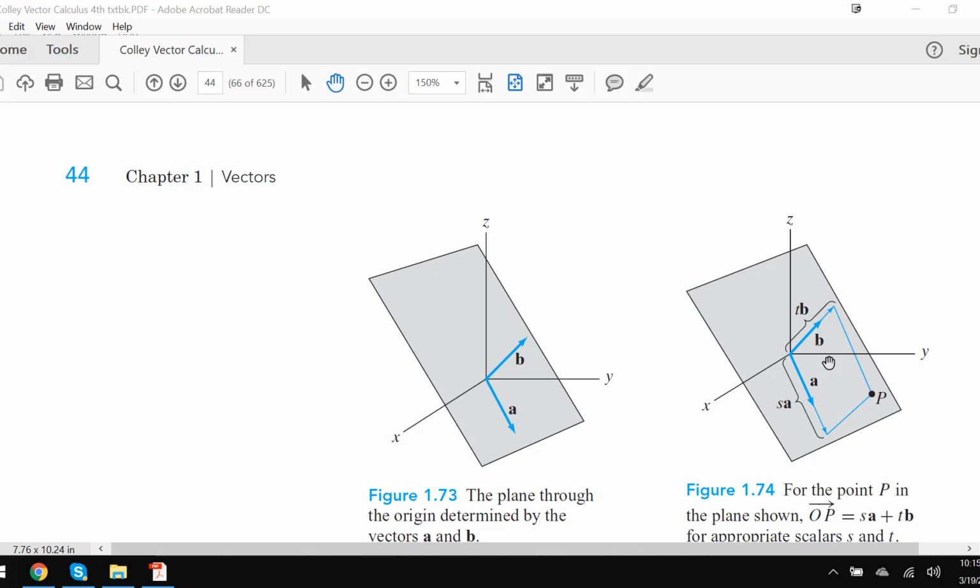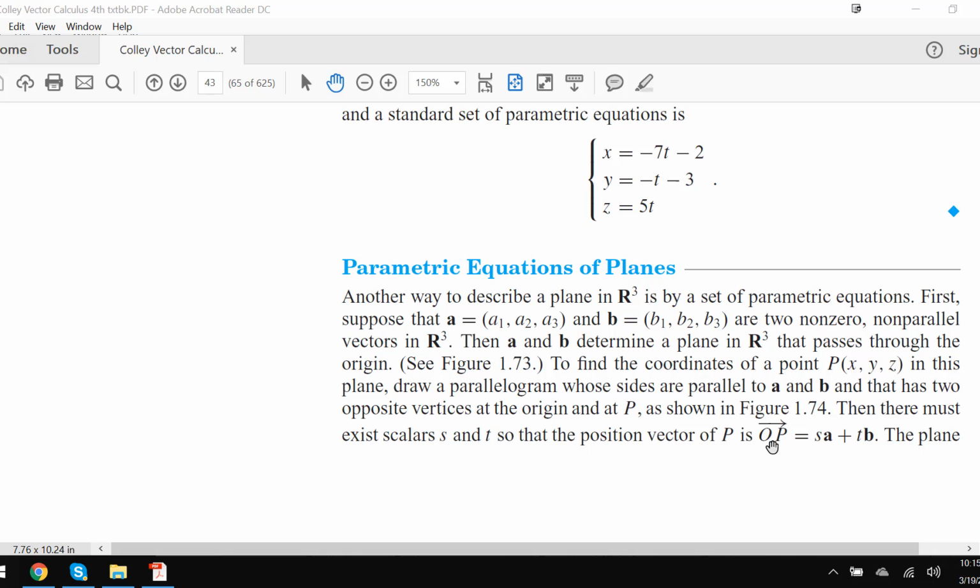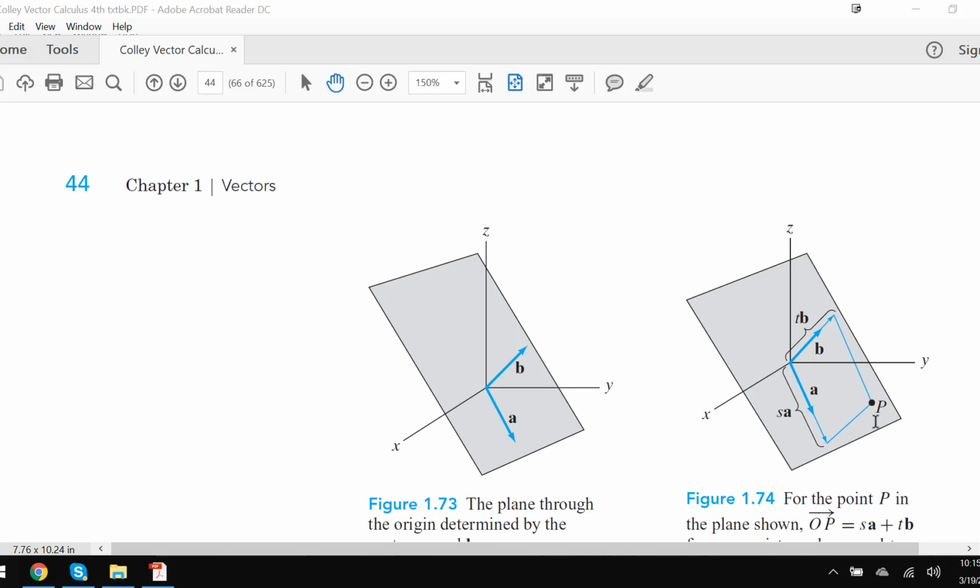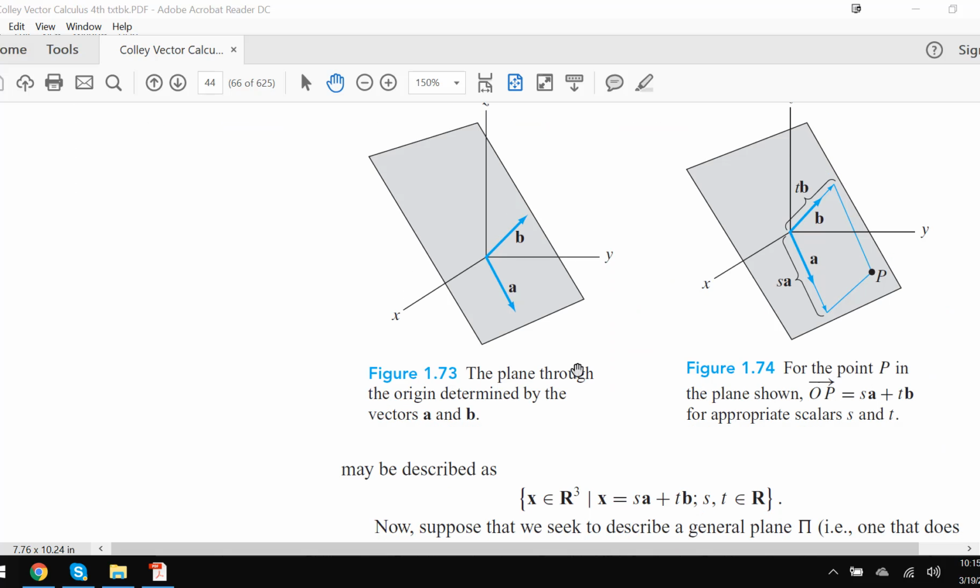In our linear algebra class we would have said that since P is in the span of the set A and B, then P can be written as a linear combination of A and B. Here they say that OP, from the origin to P, can be written as some S times A plus some T times B. And then the plane may be described as the set of all X in R3, set of all points in R3, such that X equals SA plus TB.